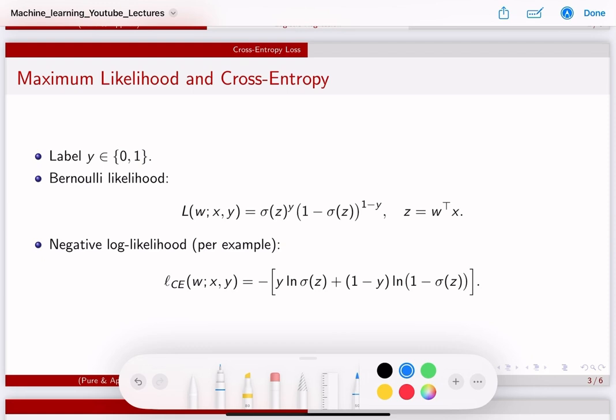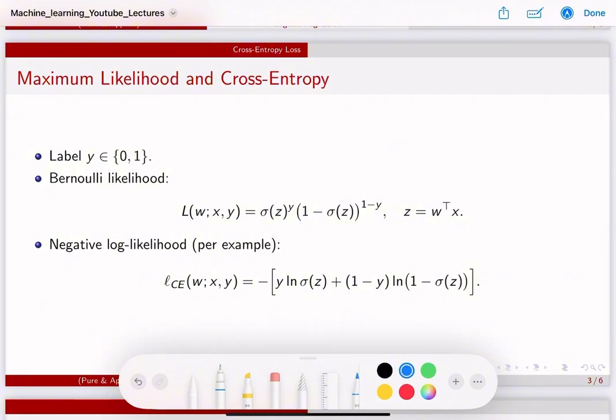We're going to discuss this principle at a deeper level and more rigorously in coming videos, but for the purpose of this video, let us just see an application of it that illustrates how it works. For logistic regression, the likelihood is going to be the Bernoulli likelihood.